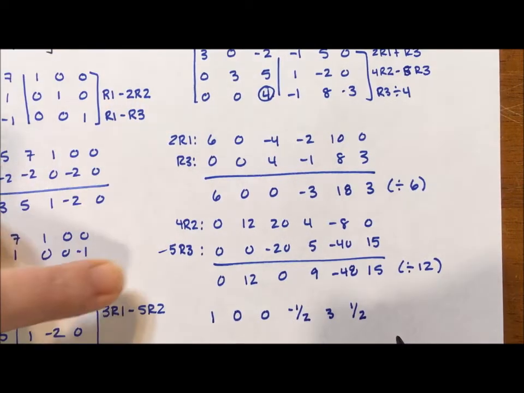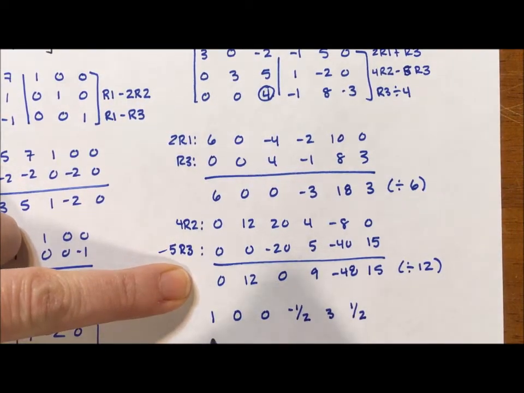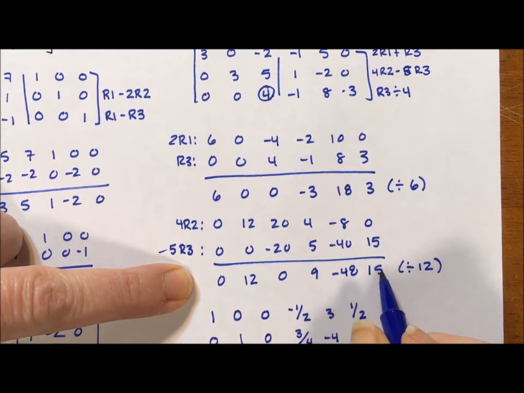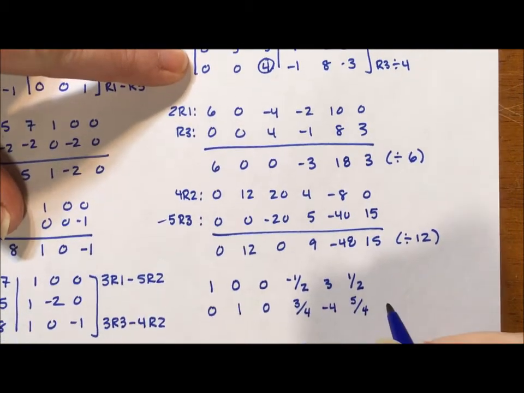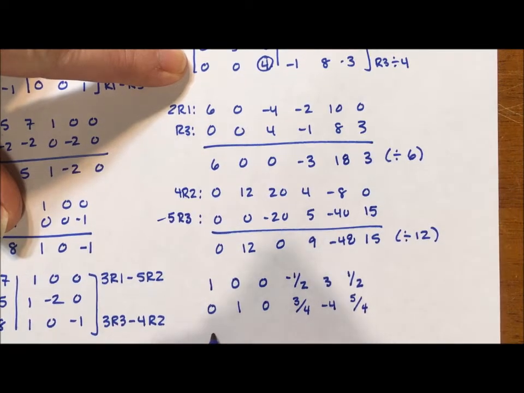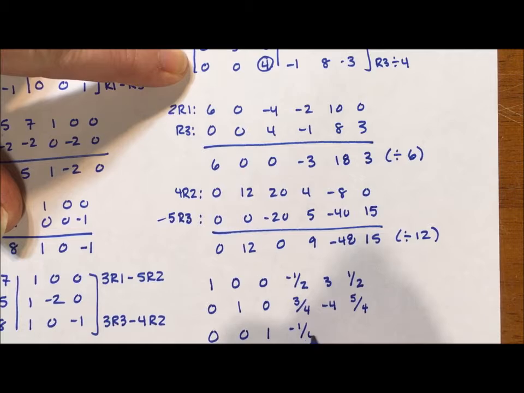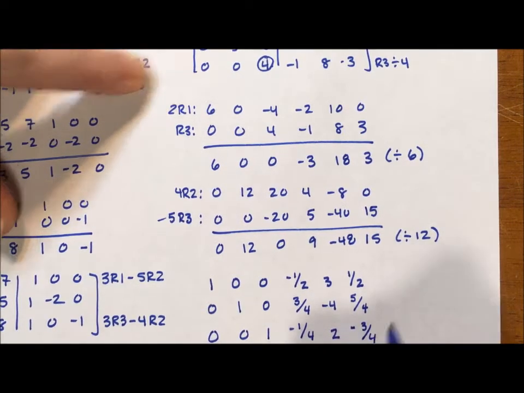Okay, row 2, when I divide this through by 12, I'm going to get 0, 1, 0, 3/4, negative 4, take a 3 out, 5/4. All right, and then I'm going to divide this last row through by 4. So if I do that, I get 0, 0, 1, negative 1/4, 2, negative 3/4.